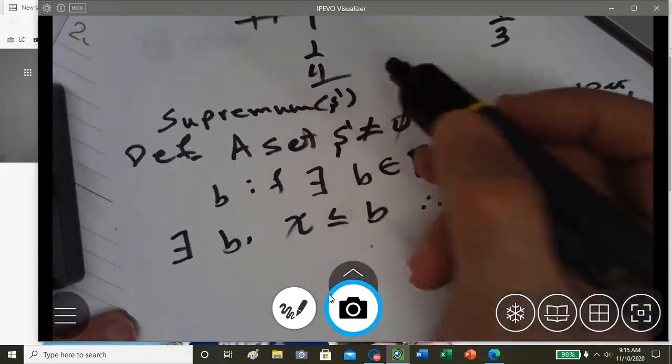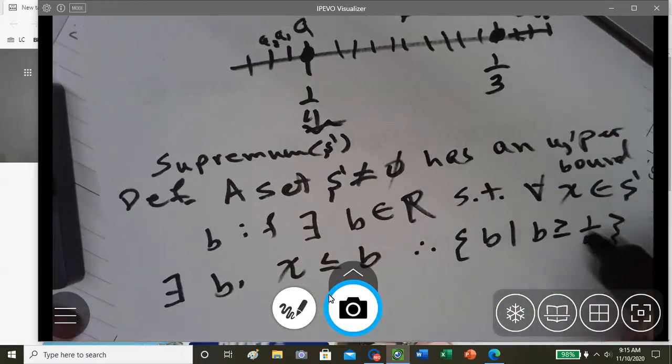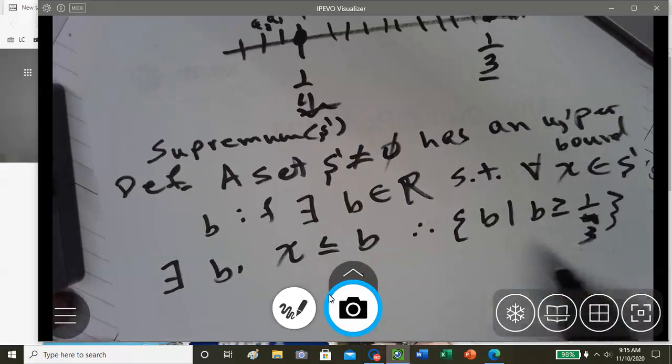Okay, which is our, we're talking about supremum, so that's 1/3.